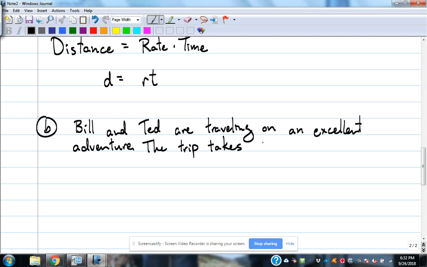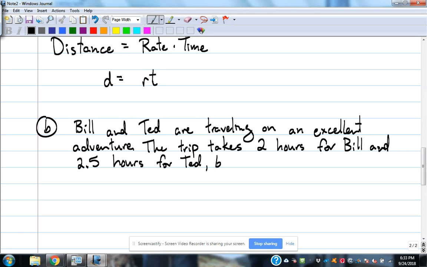The trip takes 2 hours for Bill and 2.5 hours for Ted. Ted lives 40 miles farther away.